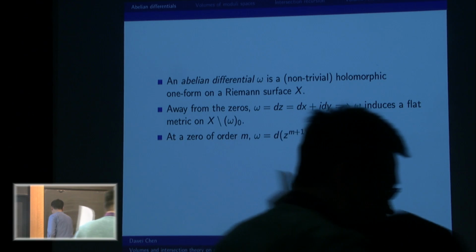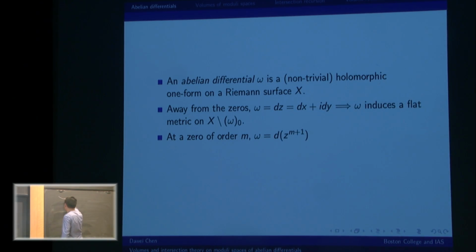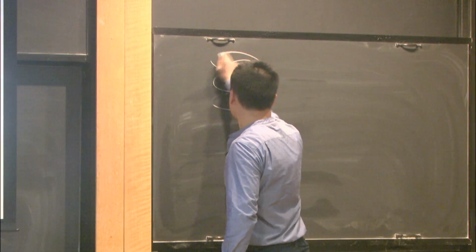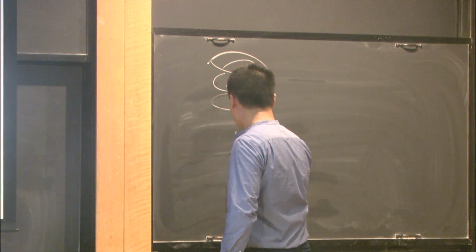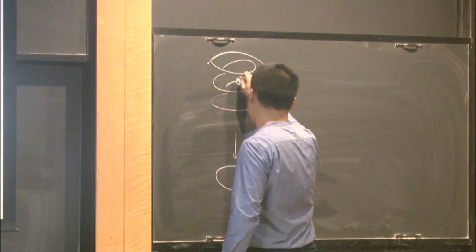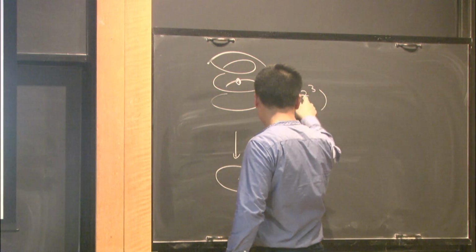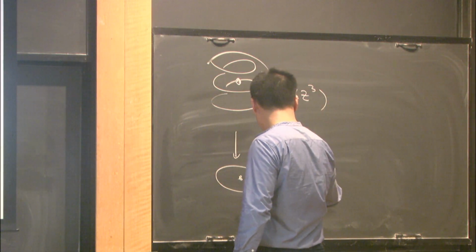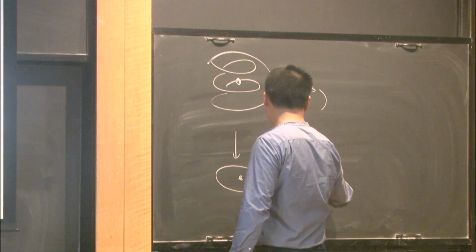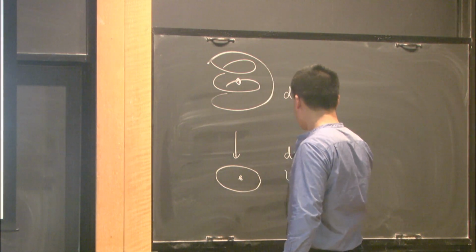Maybe to draw the local picture, it looks like this. Here you still have the flat metric downstairs, but your form, in this case, has a triple cover. It looks like d of z cubed, where this is given by pulling back u equals z cubed, and you pull back du.